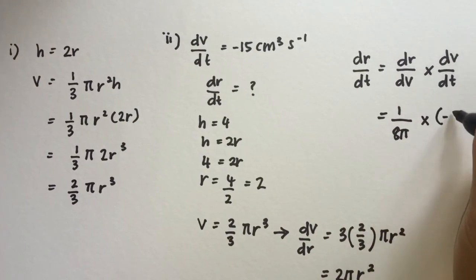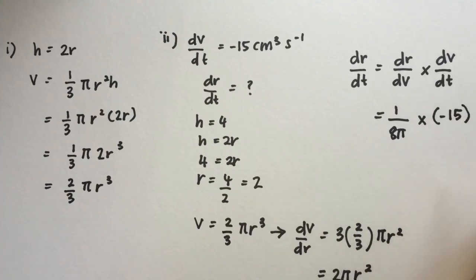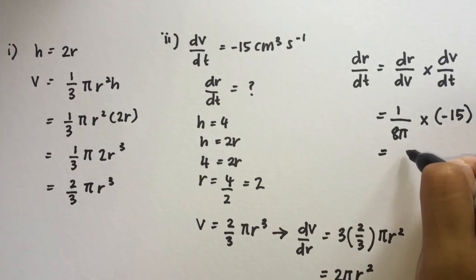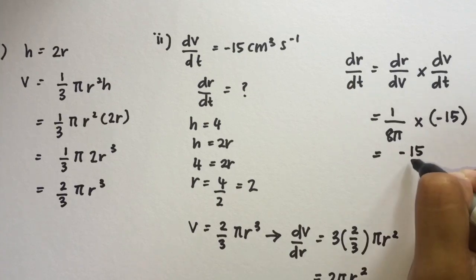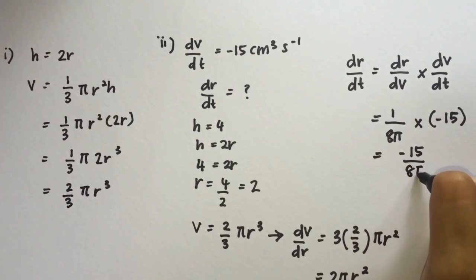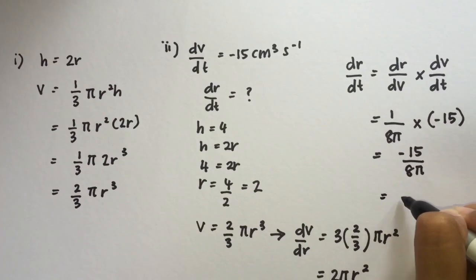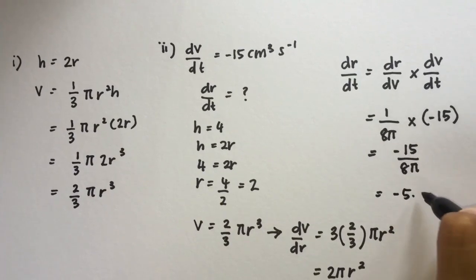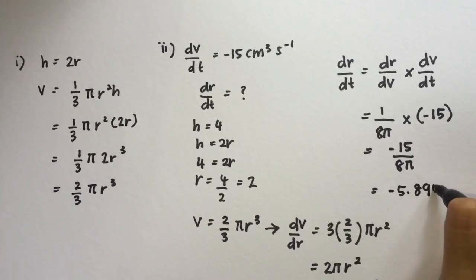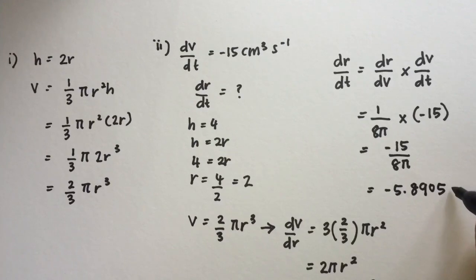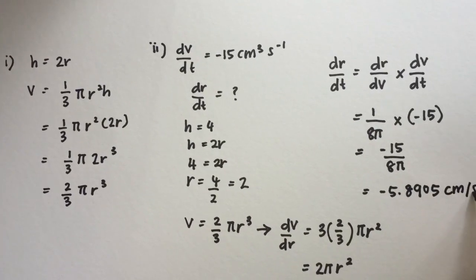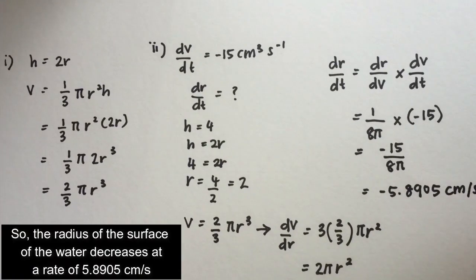We know that dv over dr is 8 pi, so it means dr over dv is 1 over 8 pi, and dv over dt is equal to negative 15. So, the radius of the surface of the water decreases at a rate of 5.8905 cm per second.